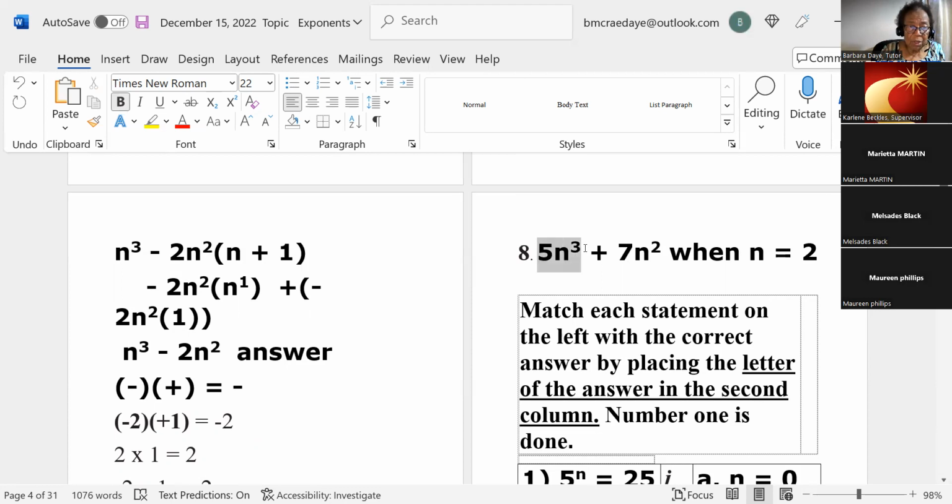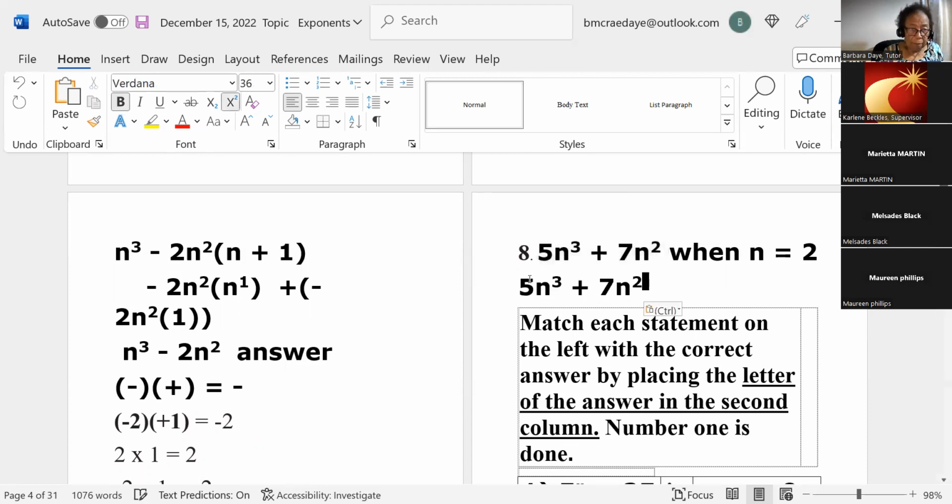Right, so here we go. Wherever you see an N, put a 2. So put a 2 there. All right, put a 2 and tell me what you get.